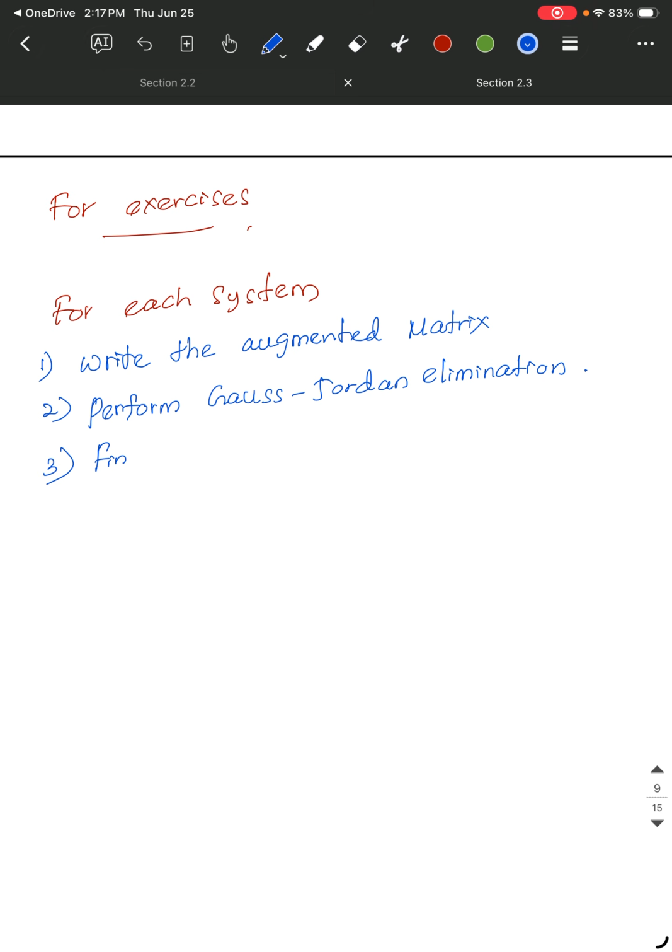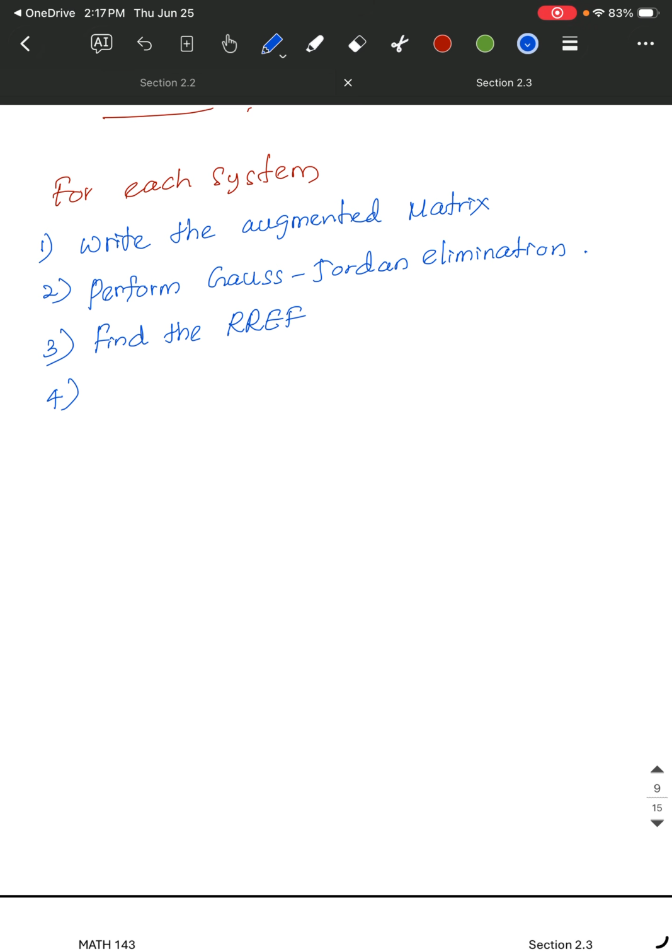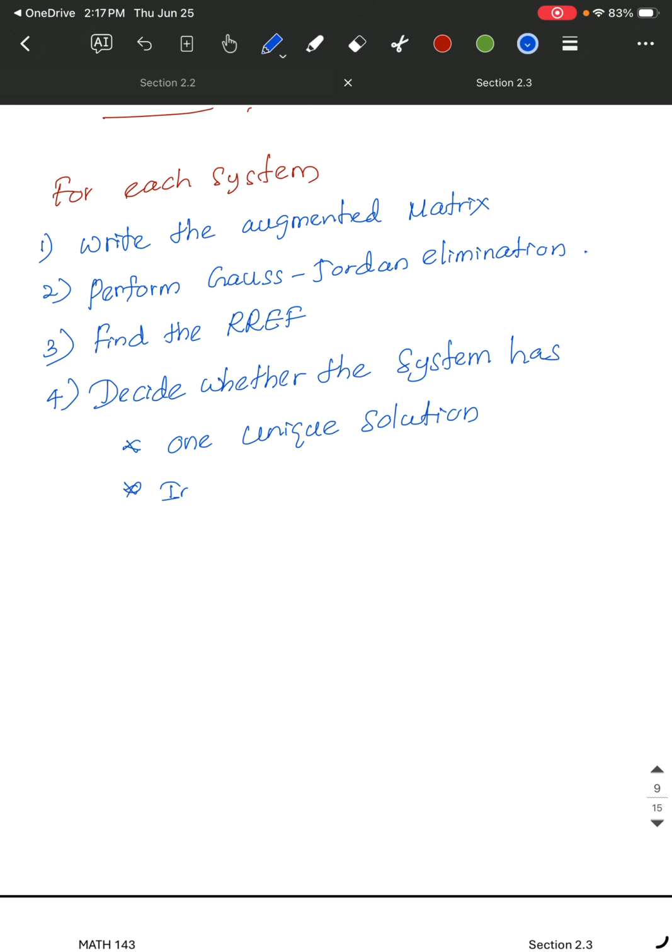Third, find the RREF. Fourth, decide whether the system has one unique solution, infinitely many solutions, or no solution. After you have finished, compare your answers with the posted solutions.